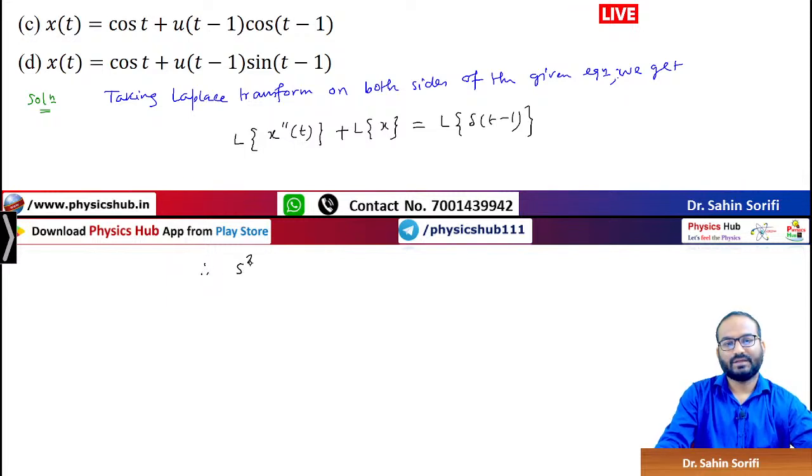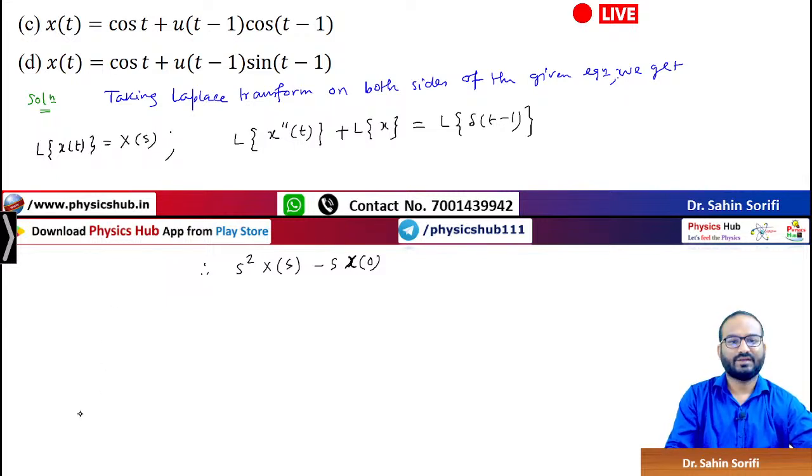So, it will be s square times the Laplace transform of x of t, so X of s, let us say, minus s times x of 0. Try to differentiate between small x and capital X. Small x is the function, capital X is the Laplace transform of x. So the Laplace transform of x of t is X of s. Okay, remember this one.